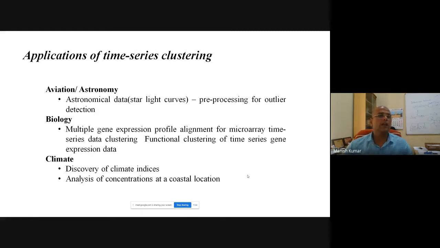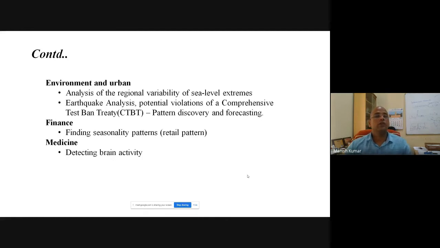Applications could be many, like aviation, astronomy, biology, climate. In astronomy, we do pre-processing and outlier detection, say on starlight curves. In biology, we have gene expression and profile alignment. In climate, we can work on climate indices and on analysis of concentrations at coastal locations. In environment and urban areas, there are earthquakes, regional variability of sea level extremes, and so on, for pattern discovery and forecasting.